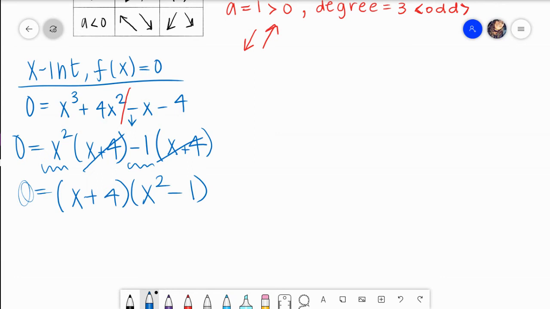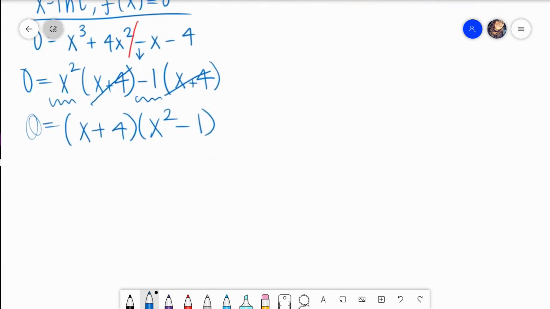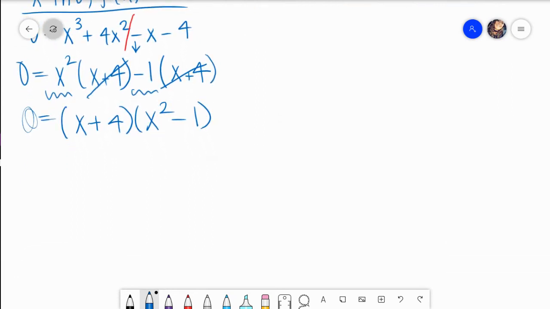Now that I've done this, I can use the zero factor property, which states that if you have factors set equal to 0, you can take each individual factor and set it equal to 0.